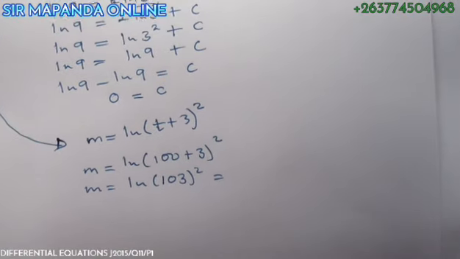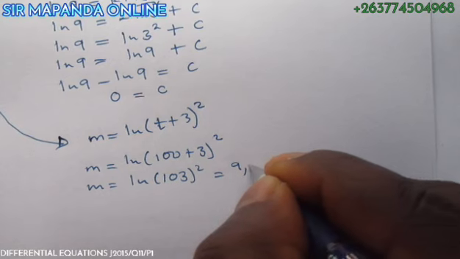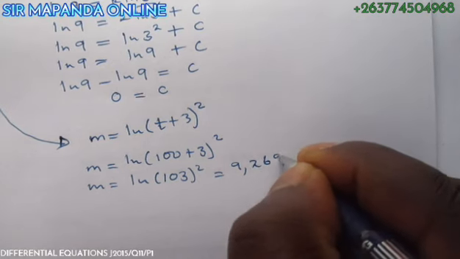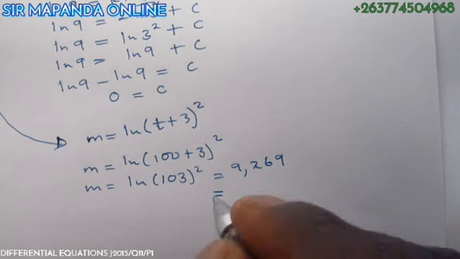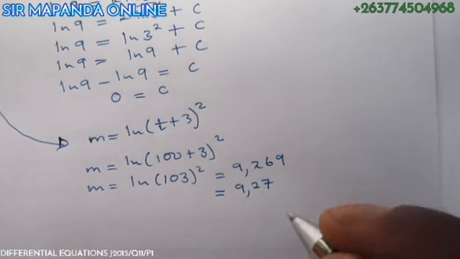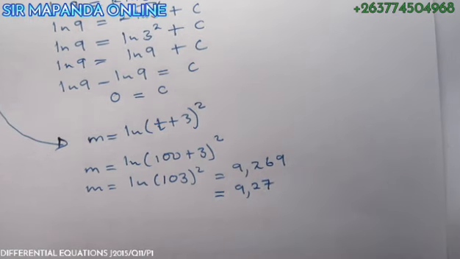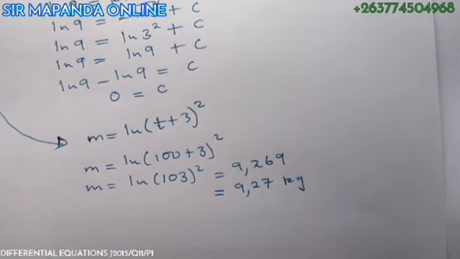If we punch this in your calculator, you get 9.269, which can be written as 9.27. And the mass, remember, is in kgs. So I have given my answer to 3 significant figures.